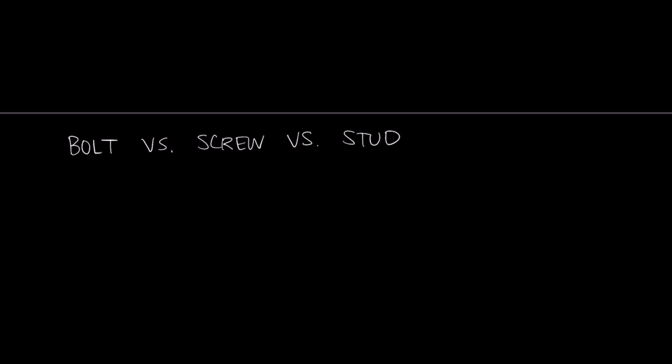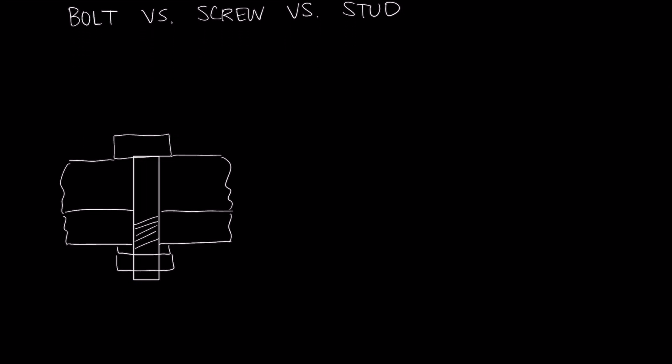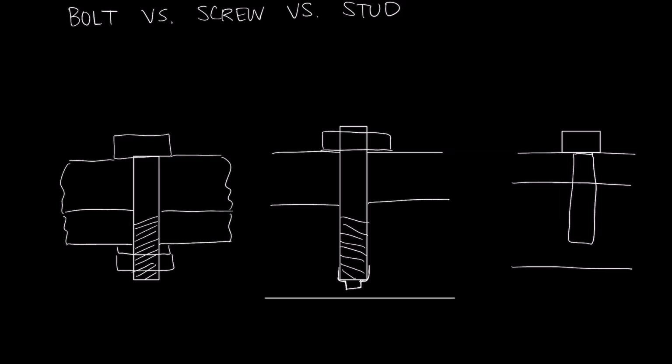So let me draw up what each of these looks like, and then you can take your guess as to which is which. All right, so here's our three types of fasteners. Classifications are bolt versus screw versus stud. So if you want to venture a guess as to which you think is which, go ahead and do that.